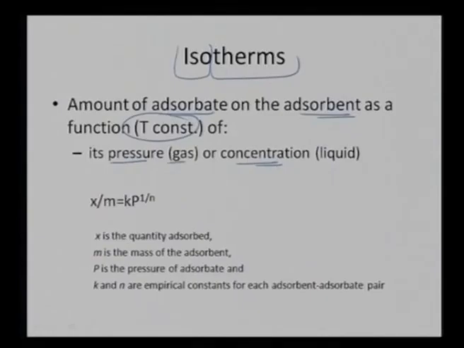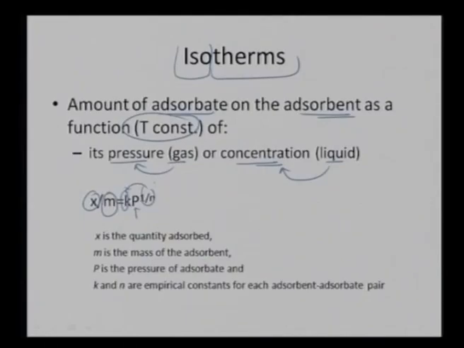So if it's a gas, we define it by pressure; if it's a liquid, we define it by its concentration. So we can define it by the quantity which is being adsorbed on the particular mass of adsorbent. We can normalize it, and that is defined by the pressure of the adsorbate, with K and N being the constants for the adsorbate pair, specific for a particular adsorbate pair.